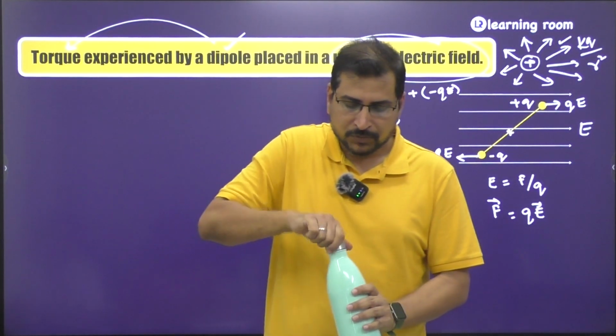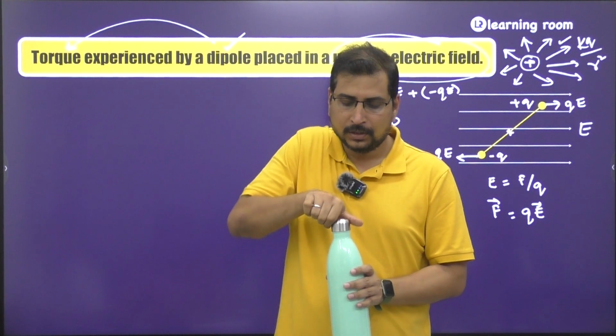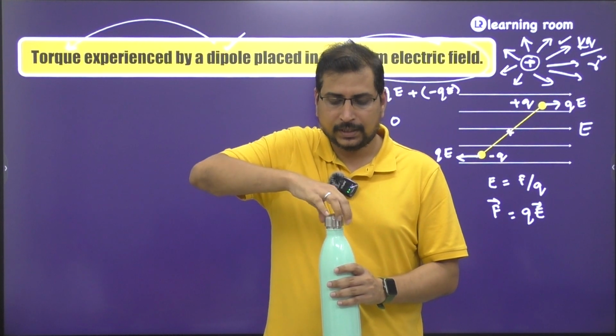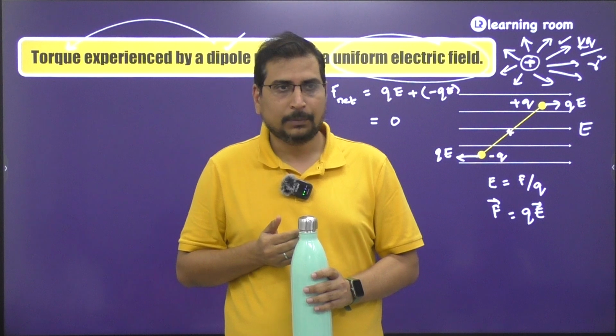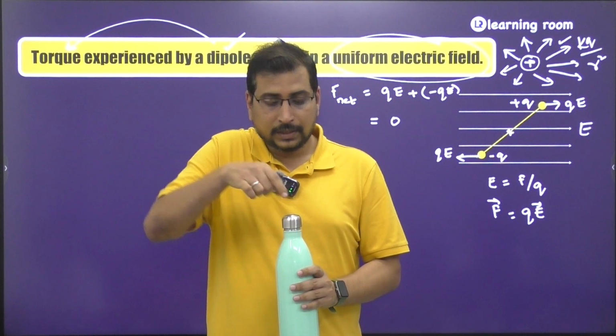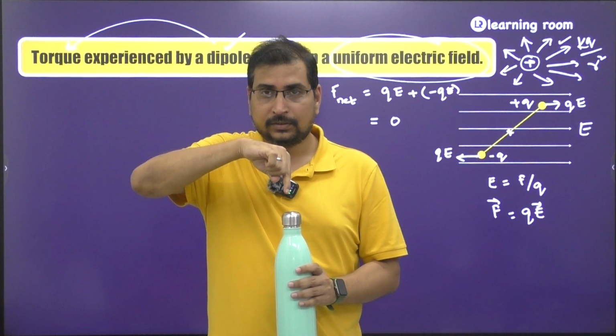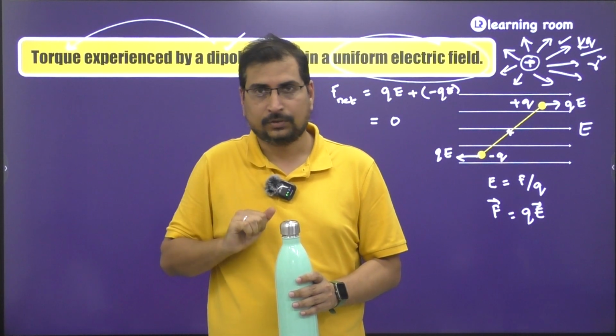So when you do this, first thing is you need to see from the top. When you see from the top, when you turn it like this, how is the cap coming? Is it coming towards you or away from you? Towards you. So anti-clockwise moments and anything measured towards you is positive.